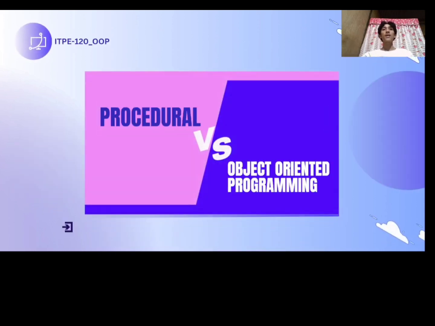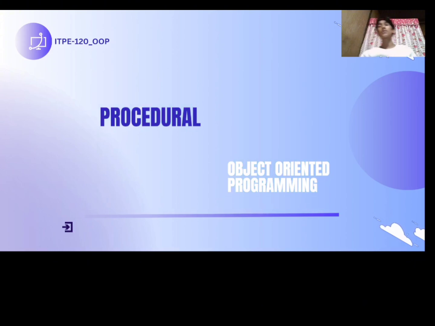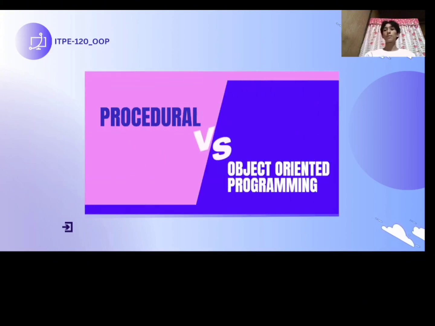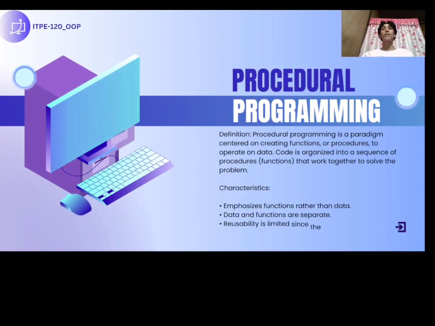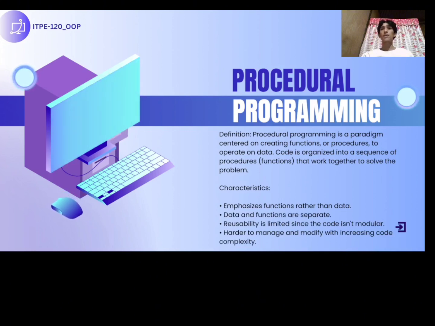So, the difference between procedural and object-oriented programming. We have procedural programming, and the definition is that procedural programming is a paradigm centered on creating functions or procedures to operate on data. The code is organized into a sequence of procedures or functions that work together to solve the problem.